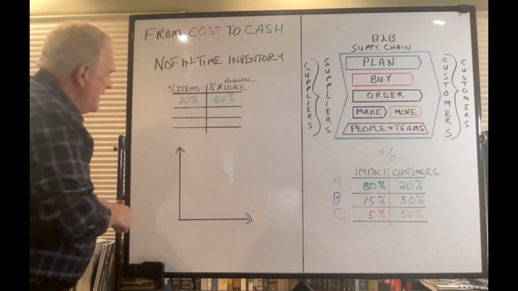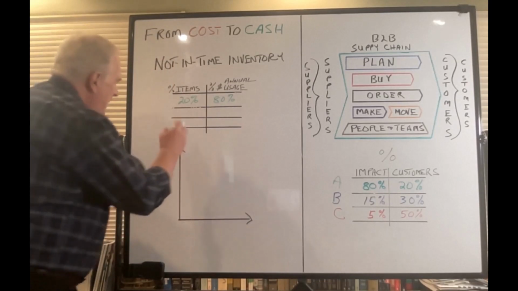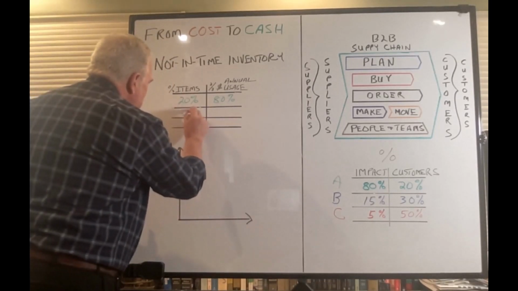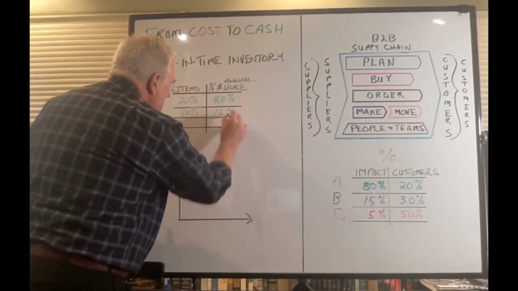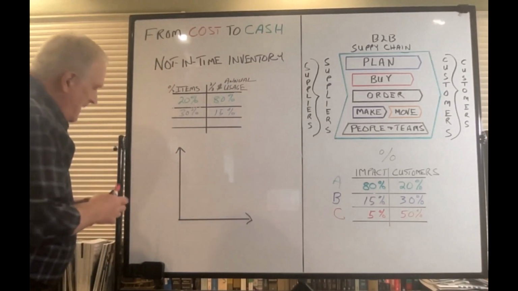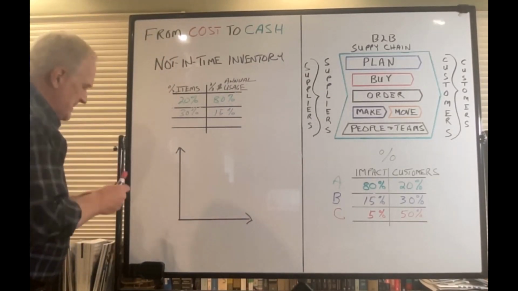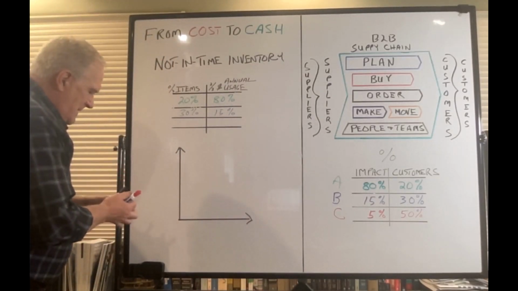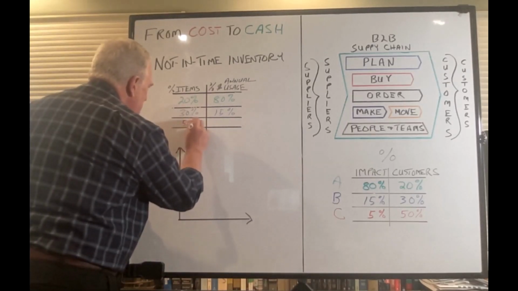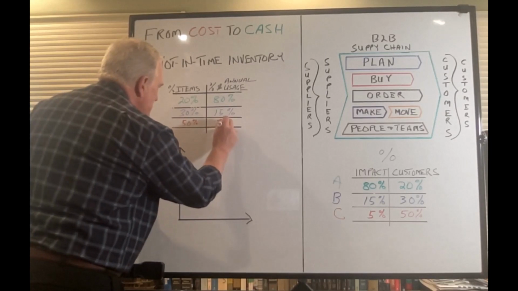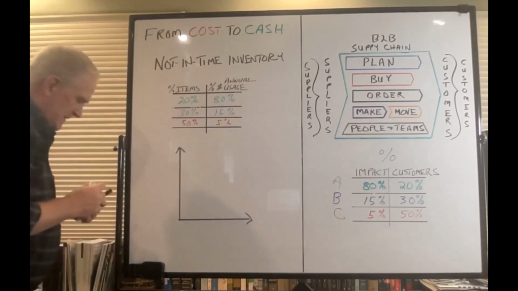And similarly, we're going to find probably around 30% of our items will account for the next 15% of the annual dollar usage. And that last 50% of the items that we carry in inventory, they only generate the last 5% of the annual dollar usage.